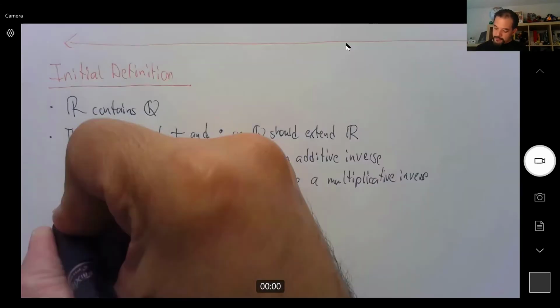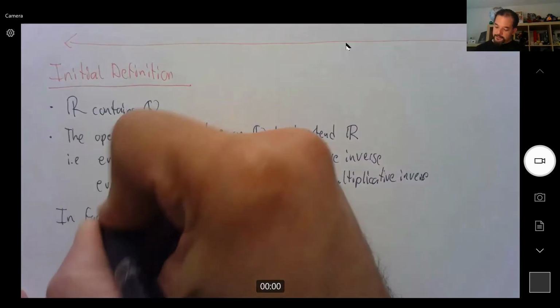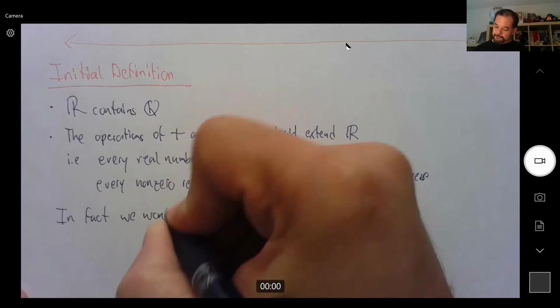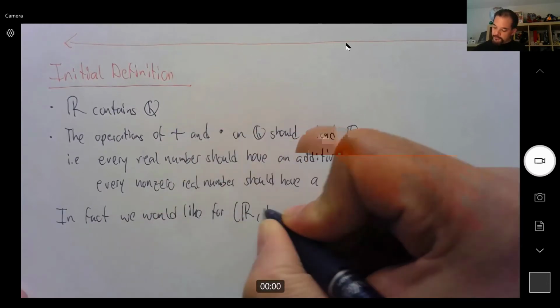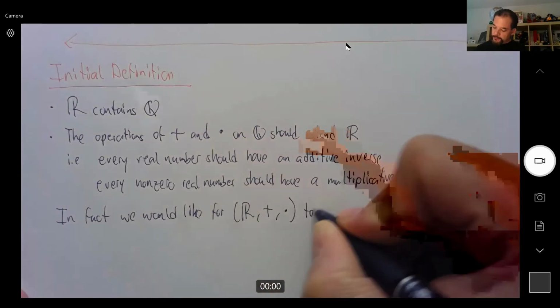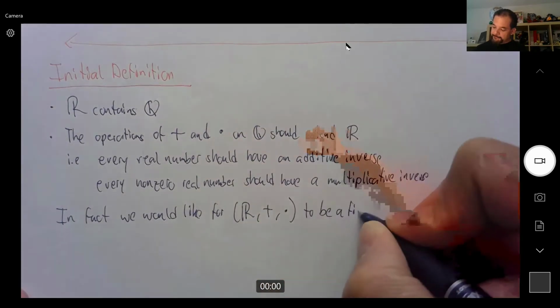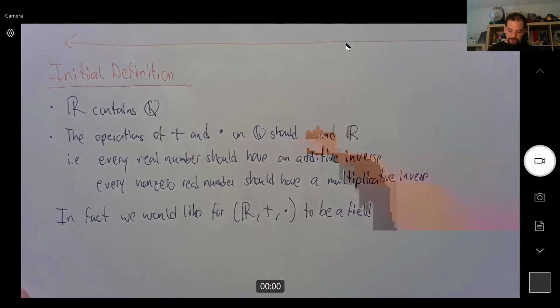So let me write it here. In fact, we would like for the real numbers with addition and multiplication to be a field. I don't want to write down the properties of the field, but I said them already.